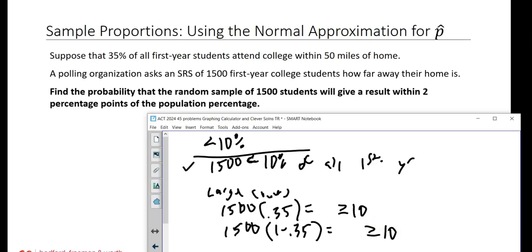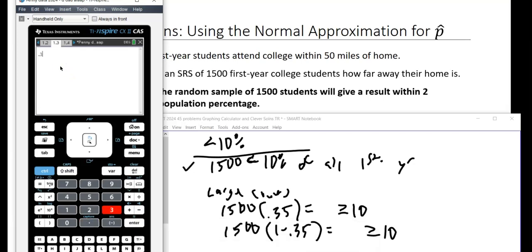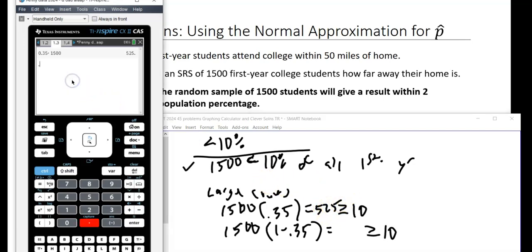So if you get your calculator out and write 0.35 times 1,500. Oh man, way bigger, right? 525. And then 1,500 times 0.65, or 1 minus 0.35.